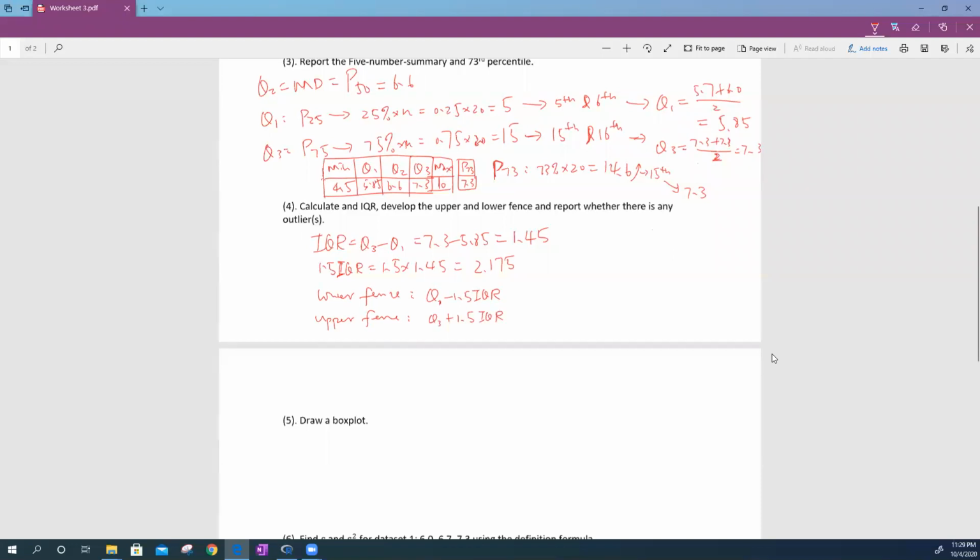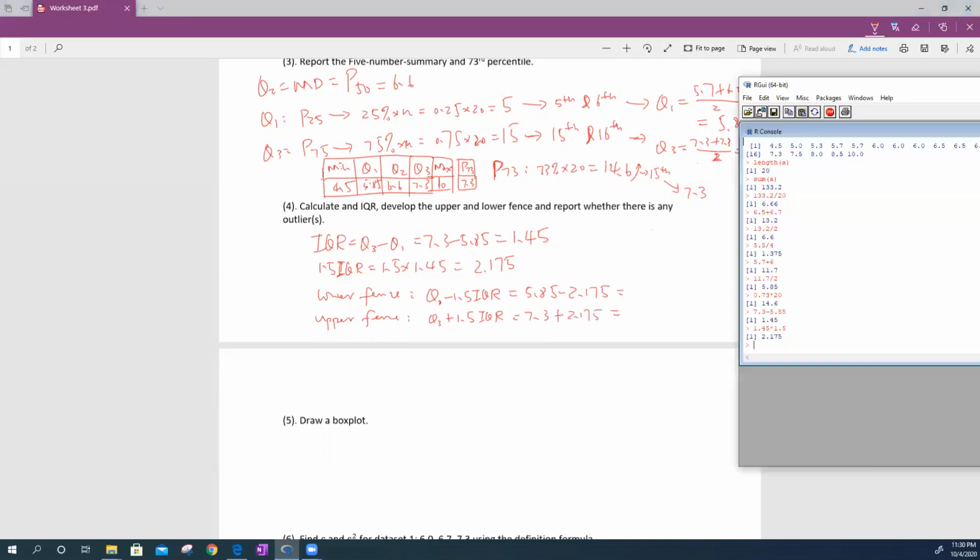So that's plus 1.5 IQR. So Q1, 5.85 minus 2.175, that gives us the lower fence. And Q3, 7.3 plus 2.175, that gives us the upper fence.